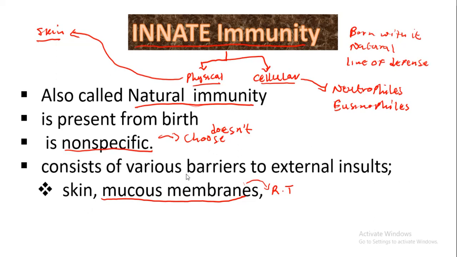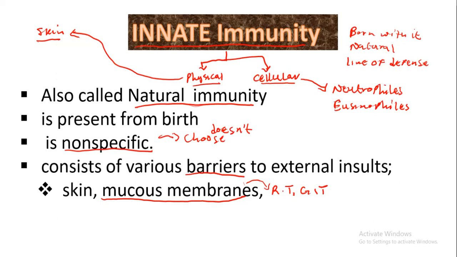So the skin is just forming the physical barrier, and these physical barriers are just part of the innate immune system. Then we have the mucous membrane, which is found in the respiratory tract, in the GIT, and many other parts which we are going to discuss.